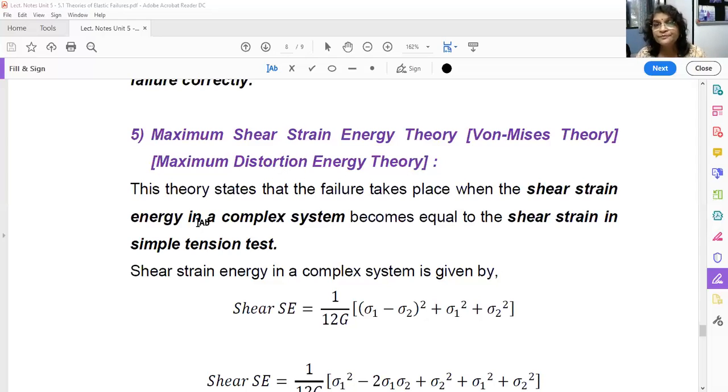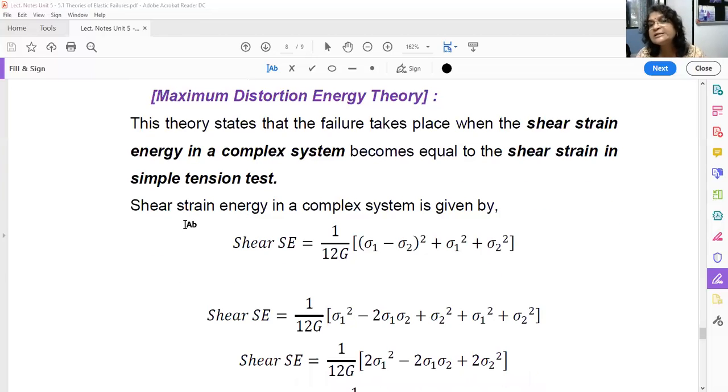So how to find out the shear strain energy in a complex system? This is the formula. There is a long derivation, and you need not see how it came; just remember this. It is given by 1 upon 12G into bracket sigma 1 minus sigma 2 bracket square plus sigma 1 square plus sigma 2 square. What is G?